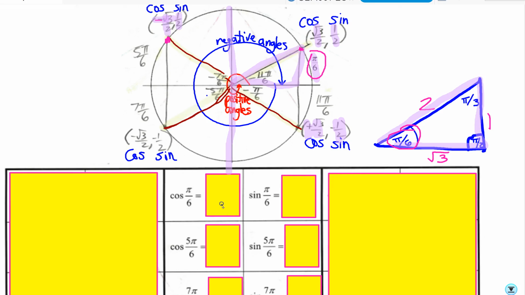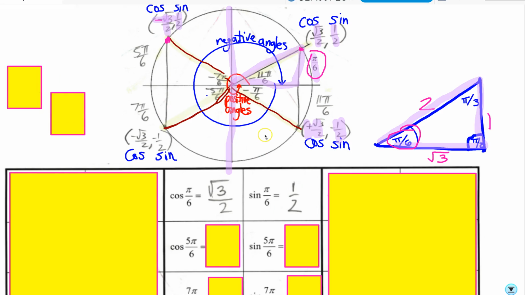And that tells me the cosine or x value is square root of 3 over 2, and it's positive. If I do the y value of that same point in quadrant 1, it's going to be sine, and sine of pi over 6 is going to be 1/2. Again, I'm just pulling the values off of the circle.